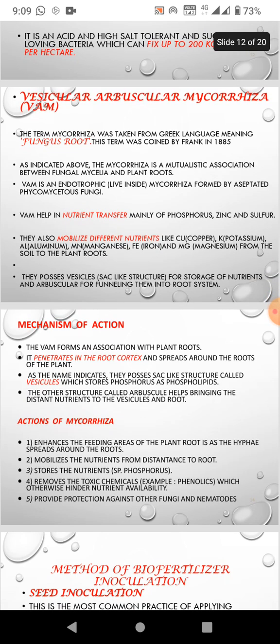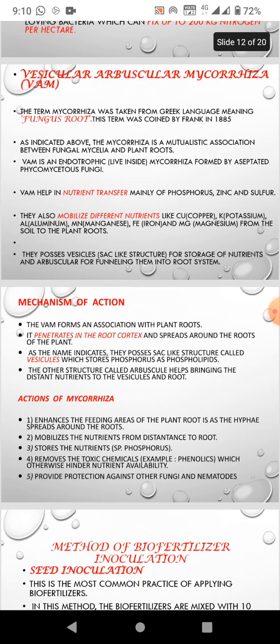VAM helps in nutrient transfer, mainly of phosphorus, zinc and sulfur. They also mobilize different nutrients like copper, potassium, aluminium, manganese, iron, magnesium from the soil to the plant roots. They possess vesicles, sac-like structures for storage of nutrients, and arbuscules for funneling nutrients to the root system.